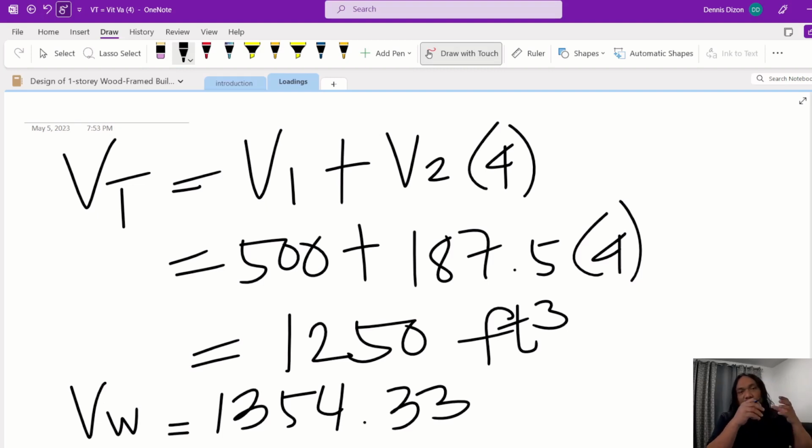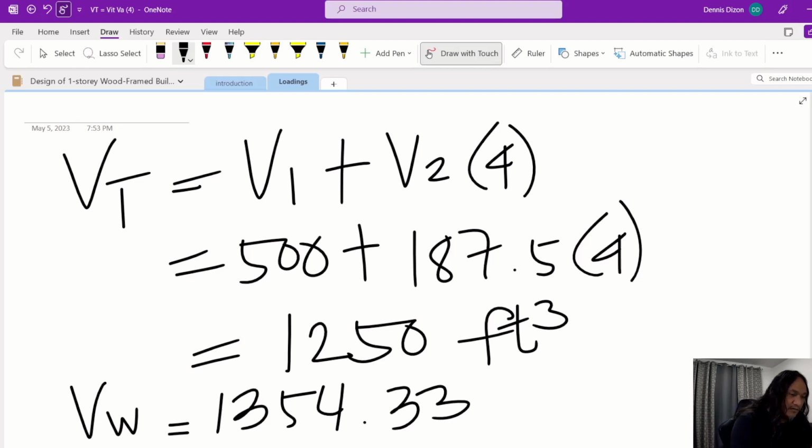But your roof can only accommodate 1,250 cubic feet. Now this is the volume up to the top or the highest point of your roof. We haven't considered the surface tension yet, which is 30 millimeter.